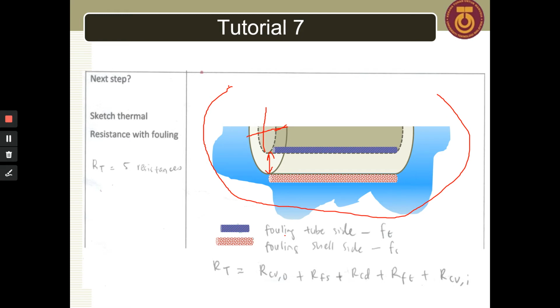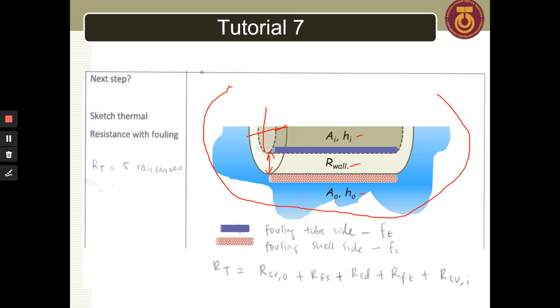Therefore, if I want to show you the total number of resistances, maybe I can show only half of the cylinder. Without any fouling, we can consider only resistance due to convection inside and convection outside, as well as the resistance of the wall of the tube.